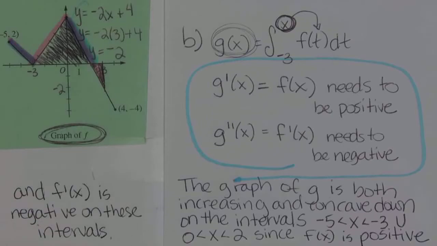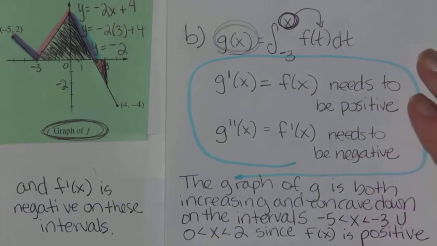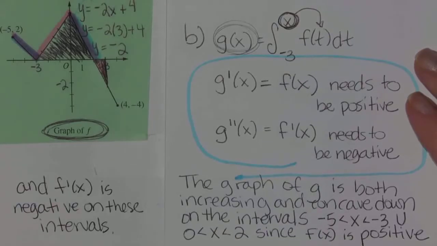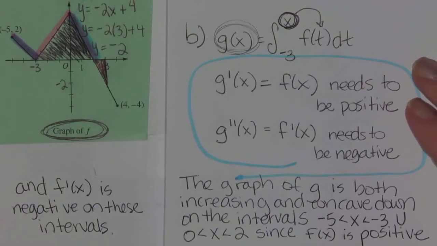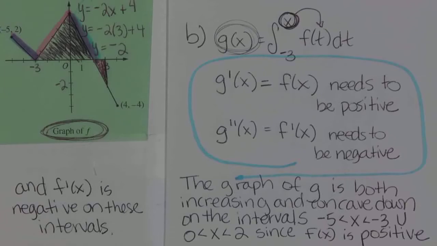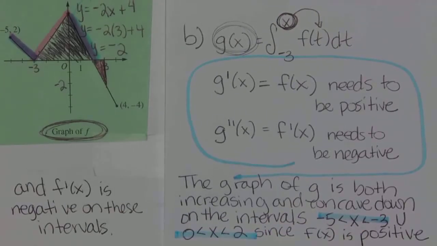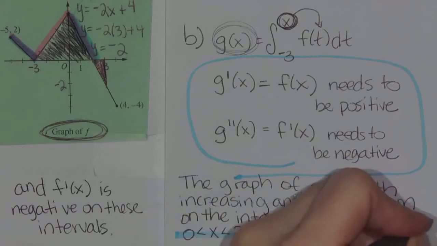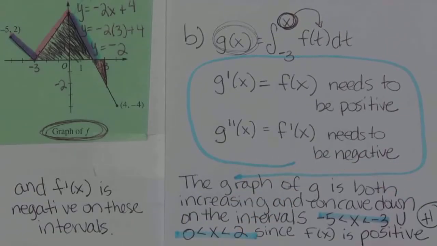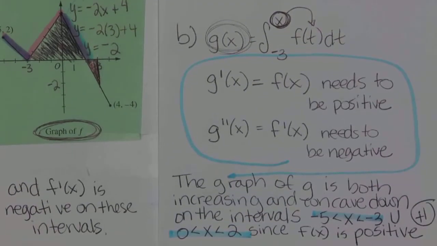Now let me tell you what points were awarded for this one. This entire answer on a free response was worth 2 points. You got 1 point for correctly identifying these two intervals. So if you have x between -5 and -3, and also between 0 and 2, you give yourself a point.